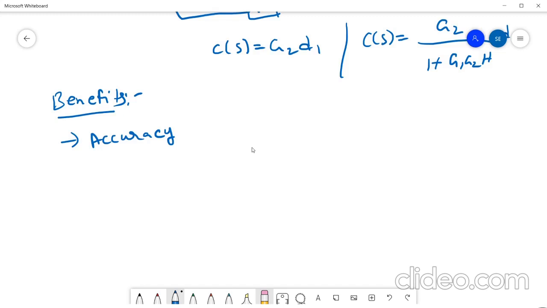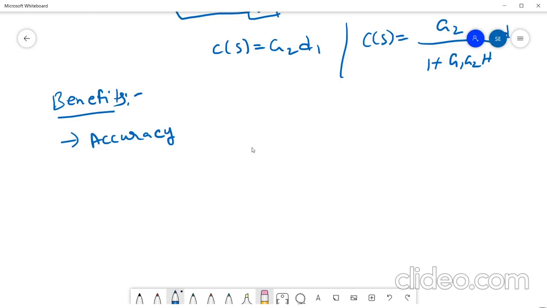So if you are trying to reduce this error, that means if you are giving certain input to the plant, and say your plant output is like this, and you have error, that means your accuracy is poor, right? So if you are giving certain input and the plant is tracking, it has higher accuracy, like it is actually following the set point.